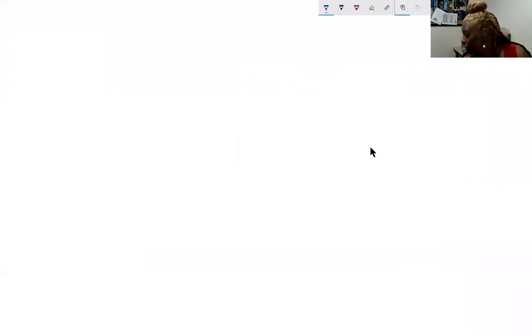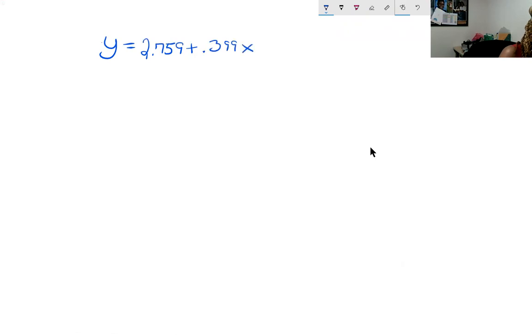So when they ask you for number 1, compute the least square regression line for predicting that, it's going to be y equals, let's say, 2.759 plus 0.399x.